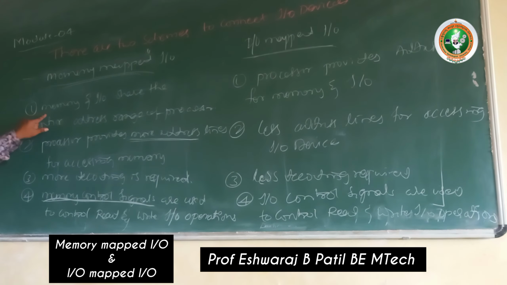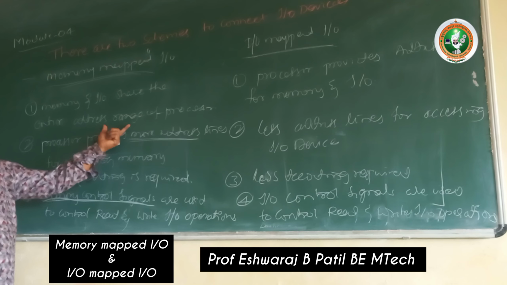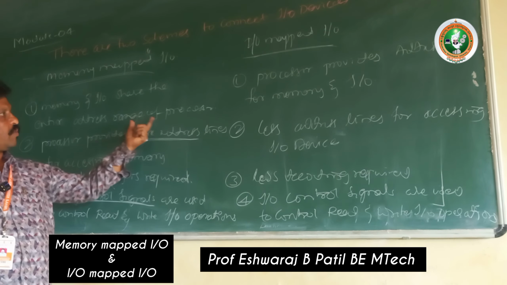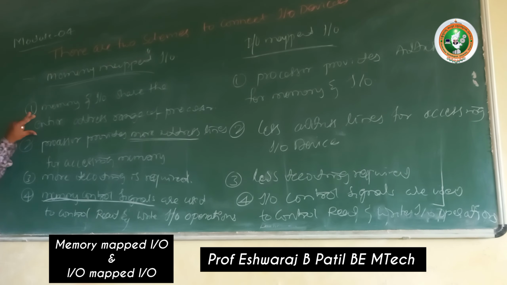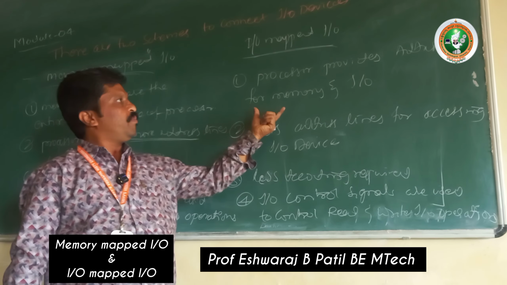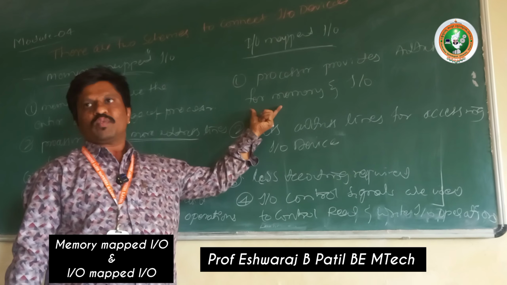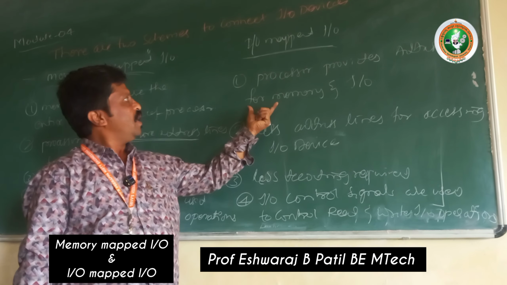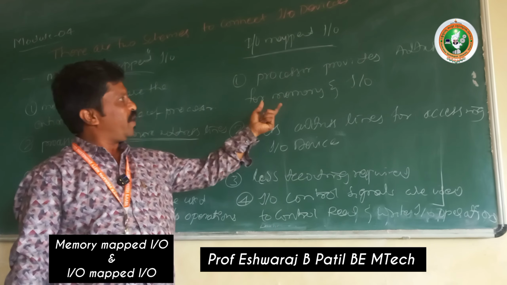First, in memory mapped IO, memory and IO devices share the entire address range of the processor, a large address range. But here the processor provides separate address ranges for the memory and the IO.